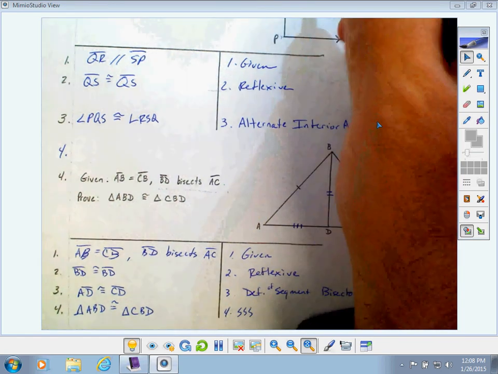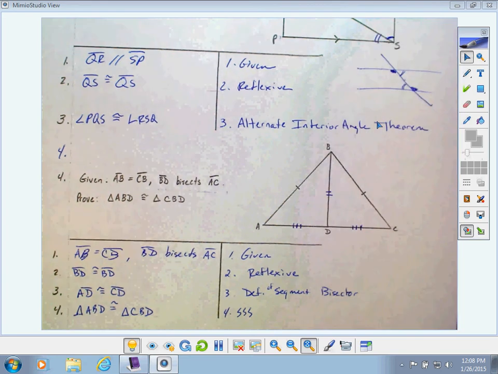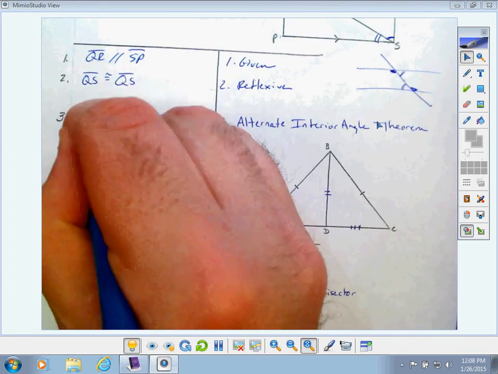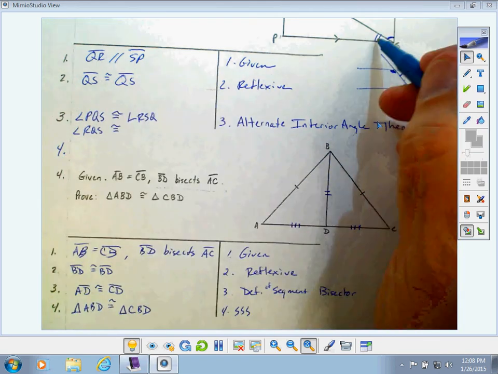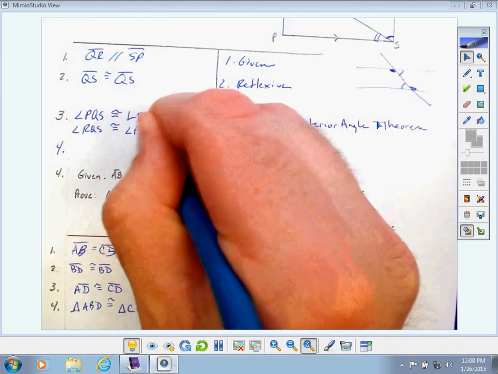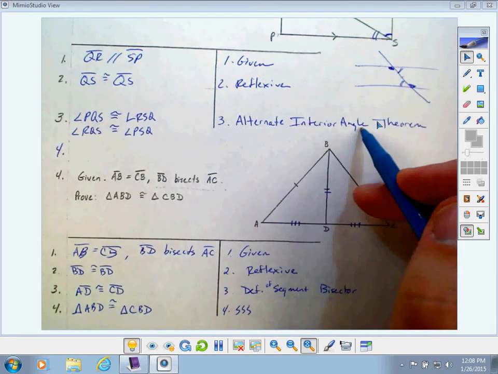Alright, and then the other pair is the other side of the line, here and here. This one is RQS. And this one is PSQ. And we got both of those things from the alternate interior angle theorem.